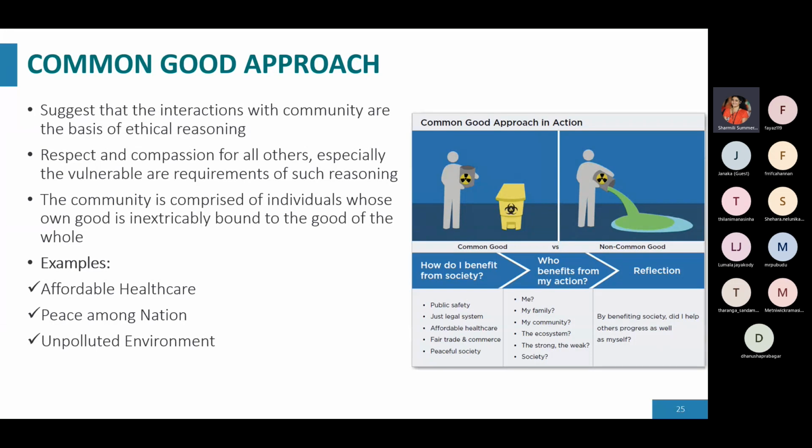If all the people in a particular community have affordable healthcare, it is a good common approach. And peace among nations: every country in the world should be a peaceful nation. Then only will it provide good benefits to the citizens of the nation.